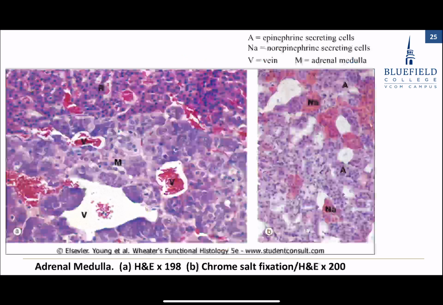And what it's going to do is differentially stain those cells of the adrenal medulla that release norepinephrine from those that release epinephrine, which is here with the A. The pinkish ones are releasing norepinephrine. The epinephrine is the cells that are not picking up the chromium salts. So the chromaffin reaction just distinguishes between the two secretory types of cells we have here within the adrenal medulla. We don't have to have an antibody for their specific products in order to do so.